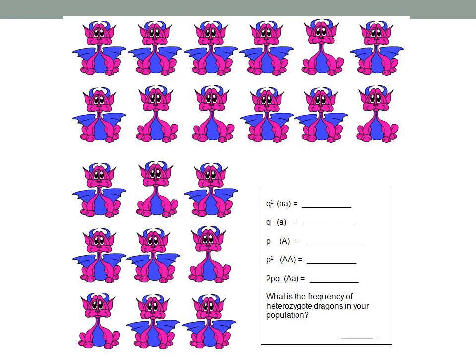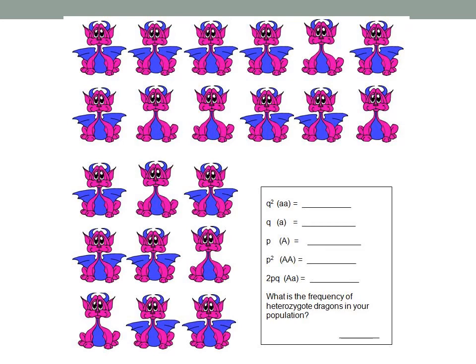What then is q? How do we calculate q? Hopefully you remember we're going to take the square root of the q squared number to calculate q. Now take your square root of 0.33, and you're going to find that it's about 0.58.